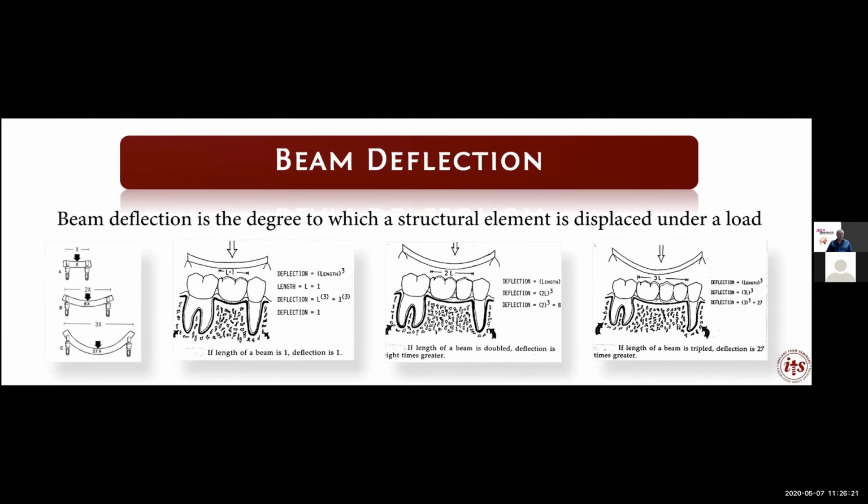Quite simply, what this means is that a 2-pontic bridge deflects 8 times greater than a single pontic bridge, and a 3-pontic bridge deflects about 27 times greater. So the long span implant-supported restoration places stresses on the implant abutment interface, the adjacent bone, and the bone implant contact, and this can then lead to implant failure.